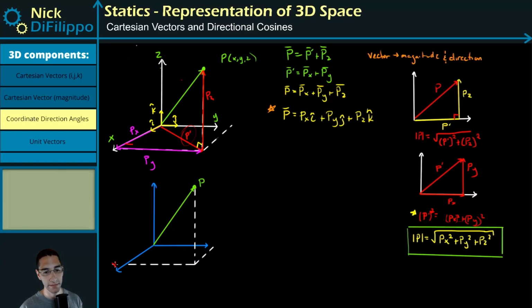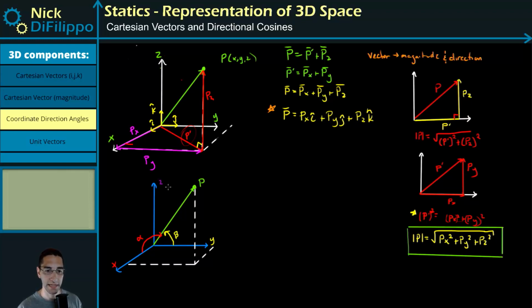Now these angles, if this is x, are my cosine angles or my coordinate direction angles. This angle is going to be called alpha, between my positive axis x and my vector. This angle I'm going to call beta, between my positive axis y and my vector.